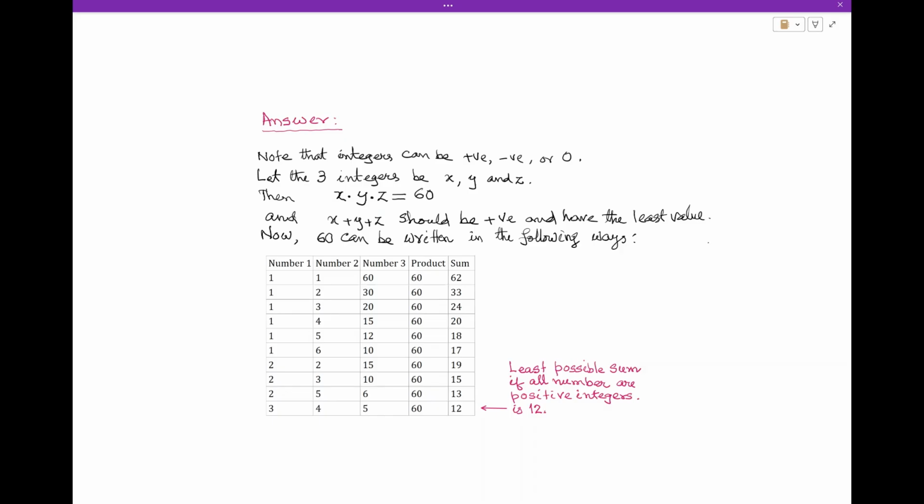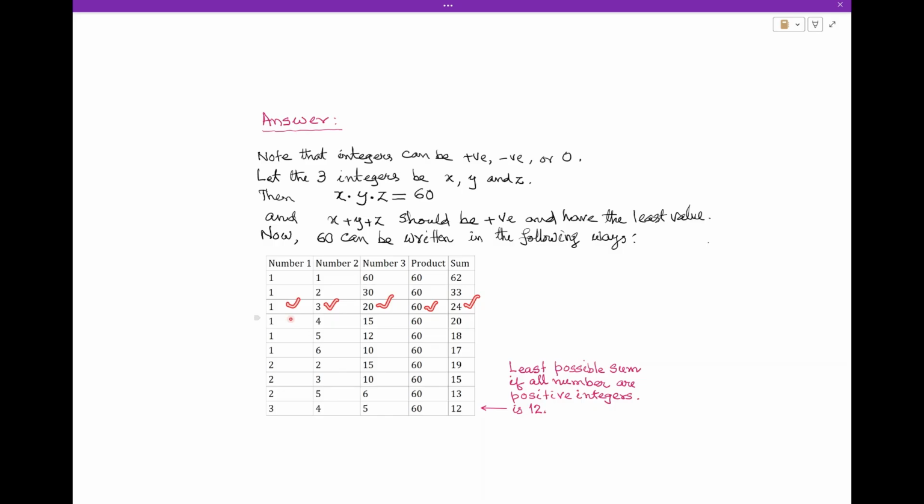When two numbers are 1 and 1 and the third number is 60, the product is 60 and the sum is 62. Similarly, when the numbers are 1, 2 and 30, the product is still 60 but the sum is 33. Like this, for 1, 3, 20, it would be 60 and 24.